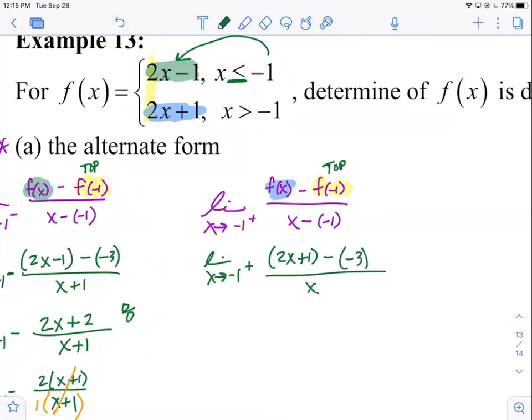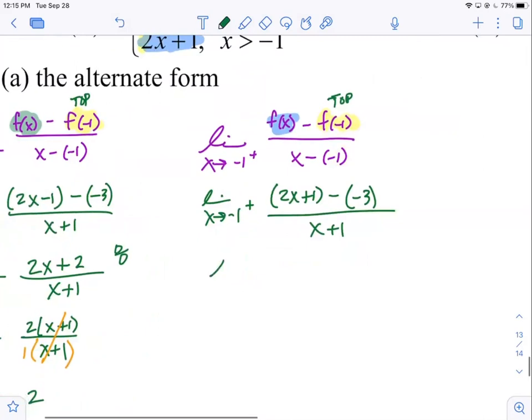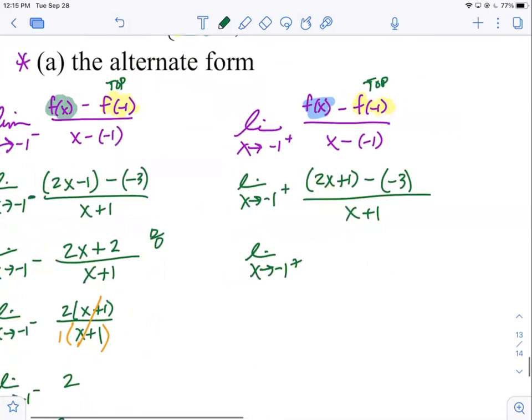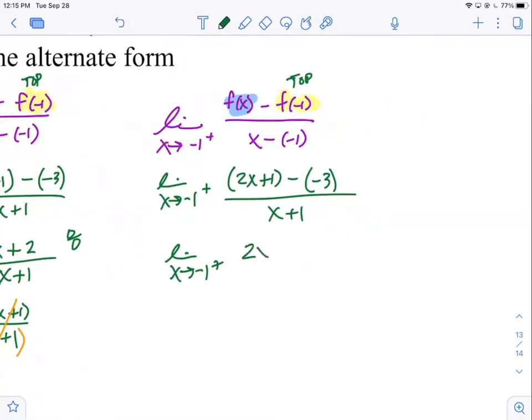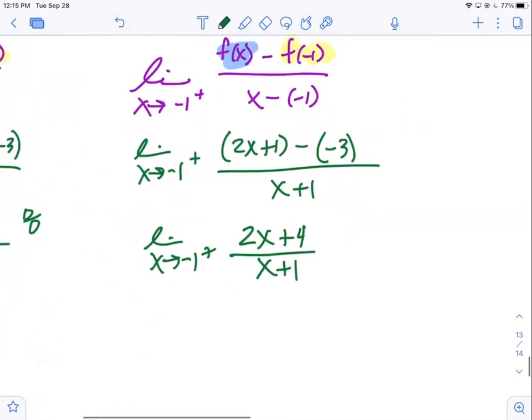Okay, all over x plus 1. Really, really heavy on the notation here, right? It's almost like a burden. I have to write the limit each time, but you know what? At least it's easy. So we get 2x plus 4, since 1 plus 3 is 4, all over x plus 1. Never not first, right? Direct substitution, never not first. So I plug in a negative 1, and I get 0 over 0, of course.